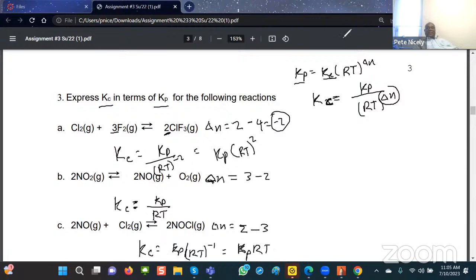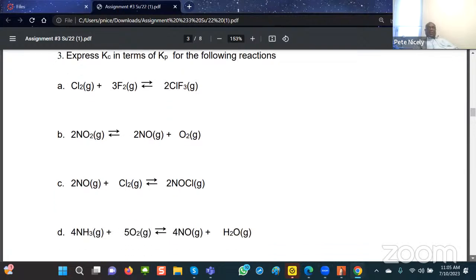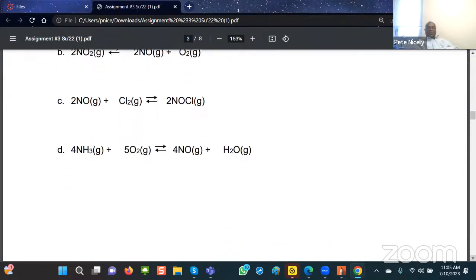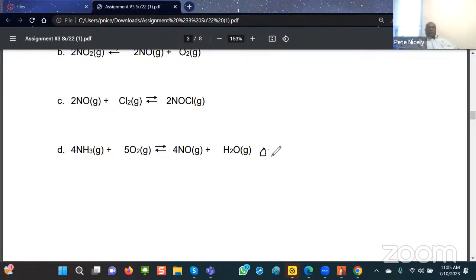Let me clear all of this here and scroll down. Okay, so what is delta N for this one? So delta N is equal to what? It's going to be equal to 4 plus 1, which is 5, minus 4 plus 5, which is 9. So that's equal to -4, right?